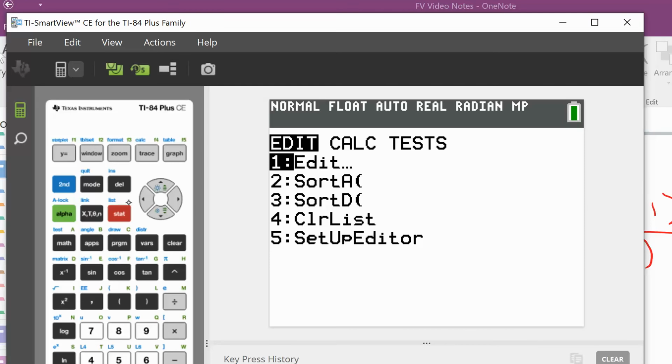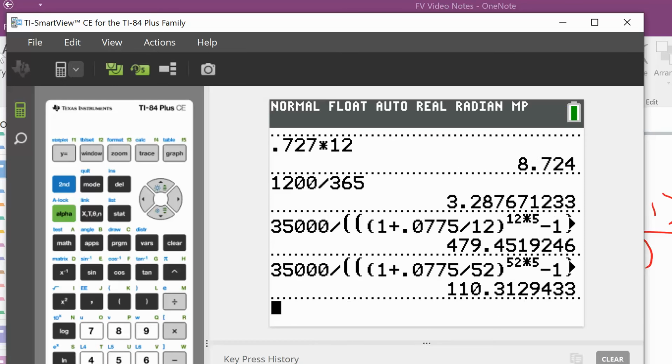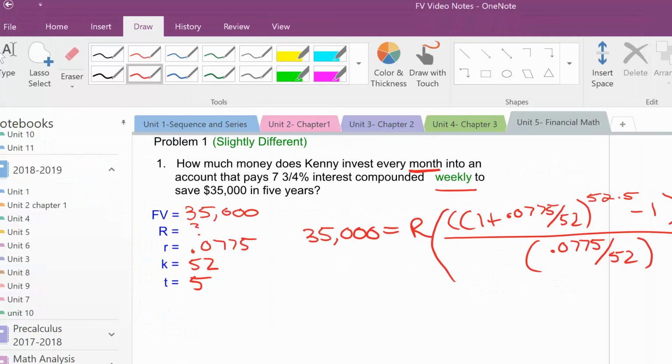So all the 12s in the original, I just need to change to 52s. There you go. And then I hit enter. So it means $110.32.